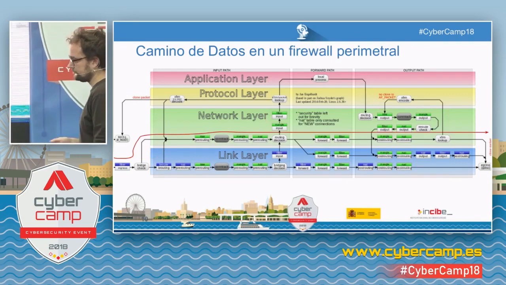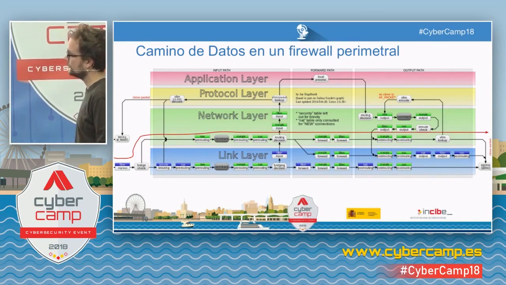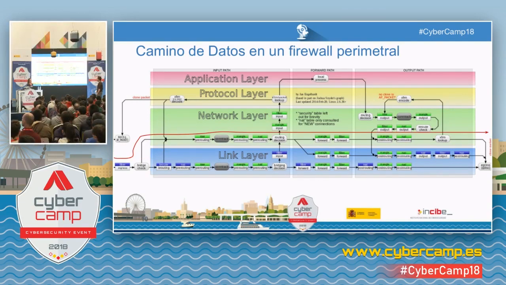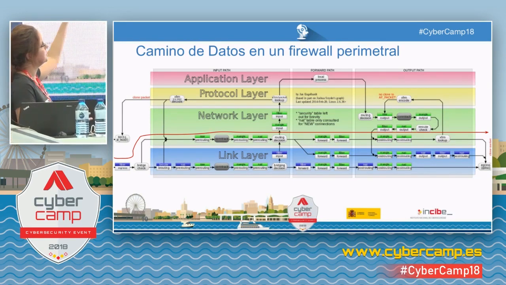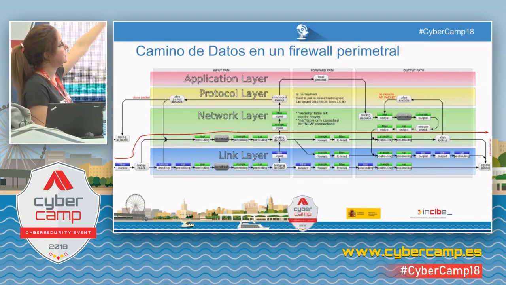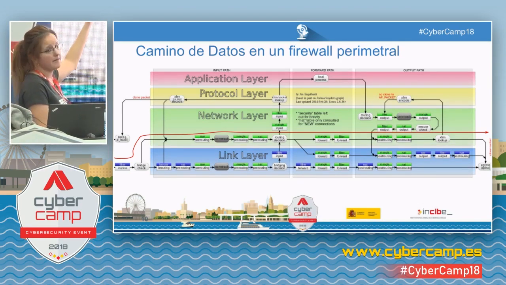Here we have another example, a perimeter firewall, not offering a web service. We don't need it to go to the input area. It goes through forward, it stays at the lower levels.